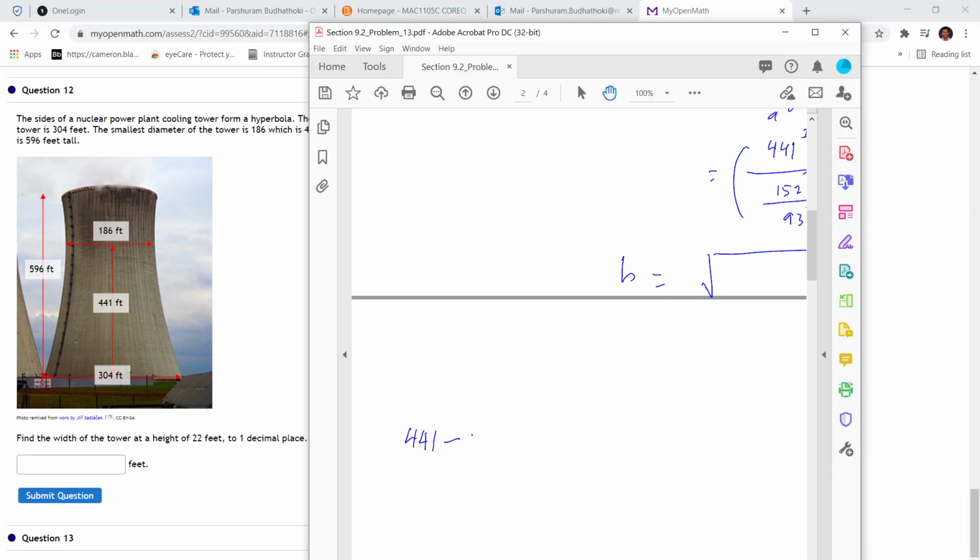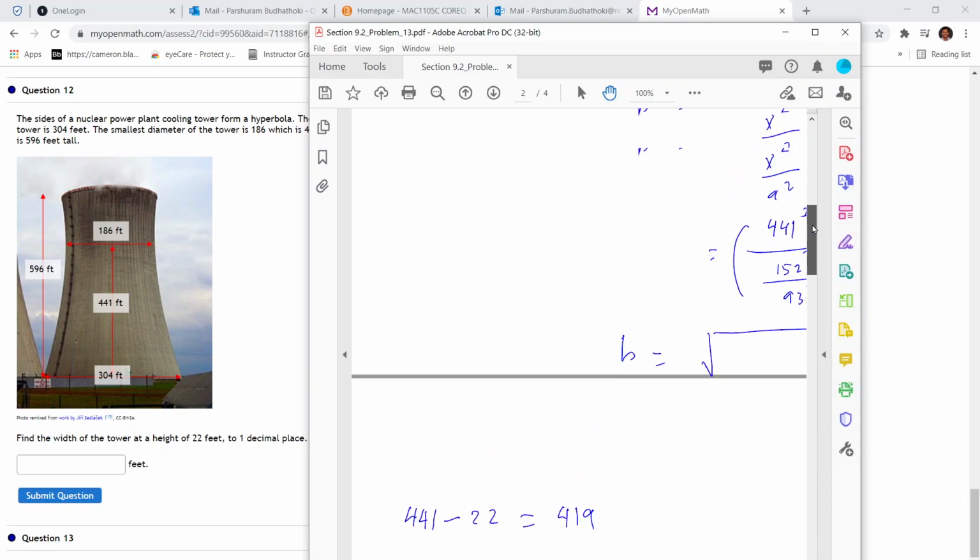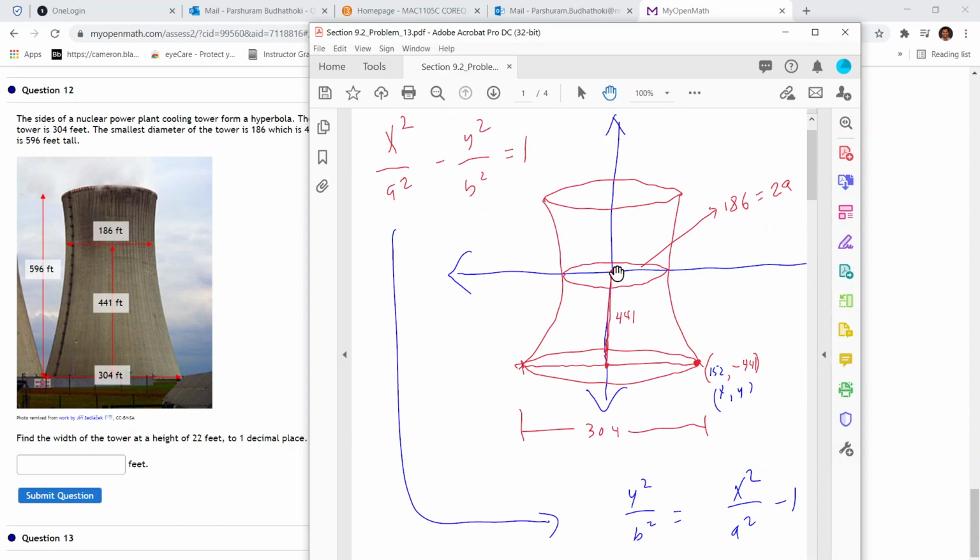That is actually 419. So if you go 419 feet down from the origin, that will give you a point, which is 419 from the origin, but from the ground it is 22 feet.